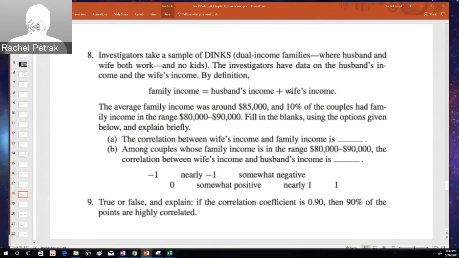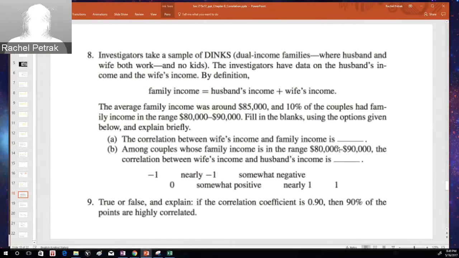Well, let's break this down. If the family income is constant, so they're saying that we're only looking at couples in this range of 80 to 90,000, then the more the wife makes, the less the husband is going to make, and likewise.